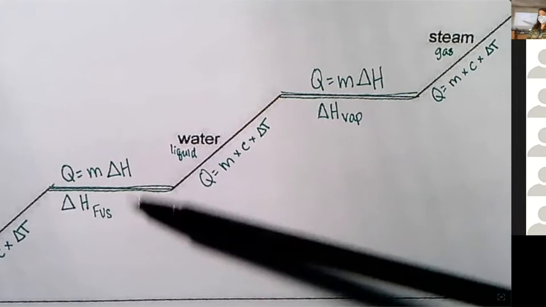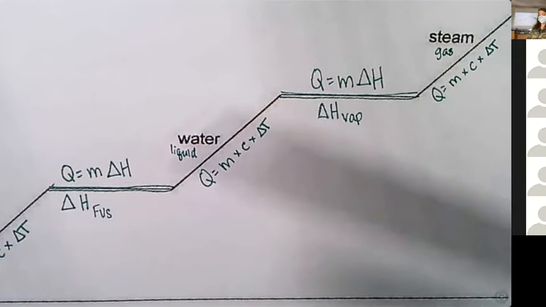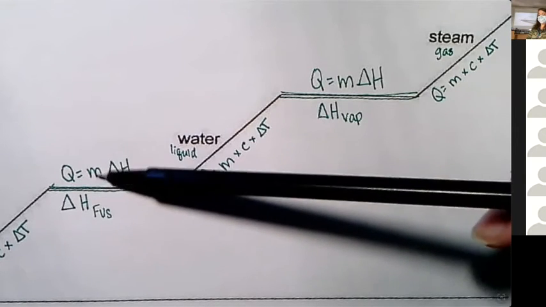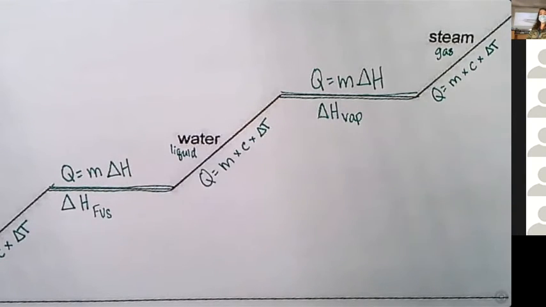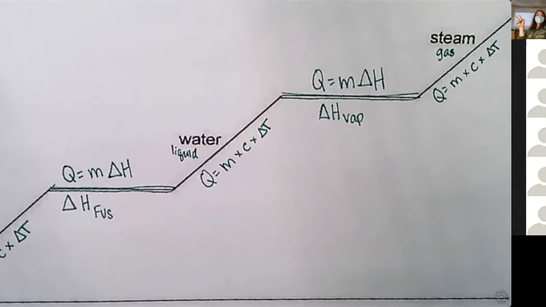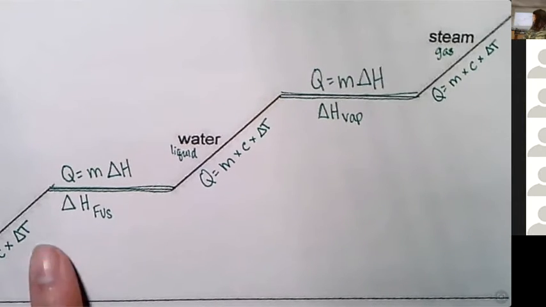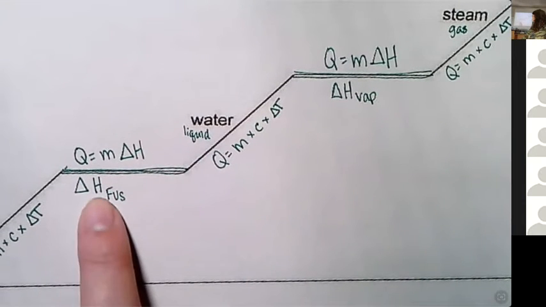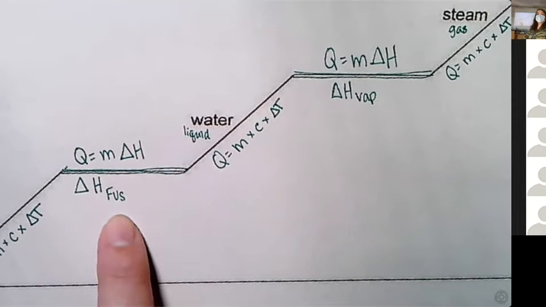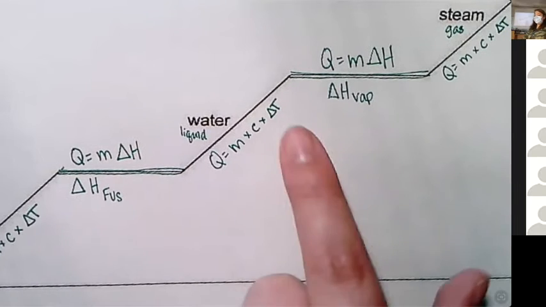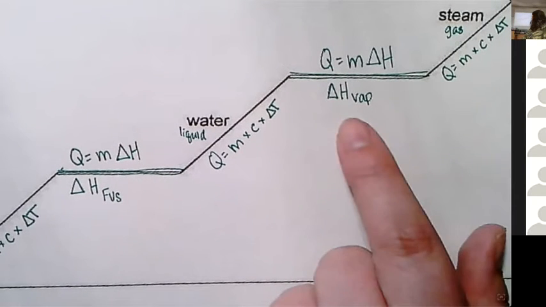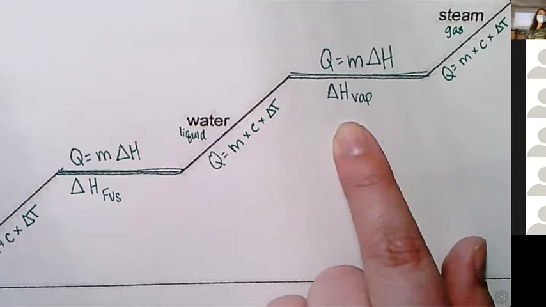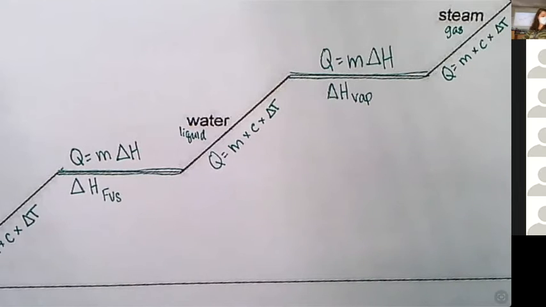Now, what we've got going on with our phase changes is Q equals M times delta H. There are 2 different types of delta H. Delta H is the change in heat. But when we're going from a solid to a liquid, it's called the heat of fusion. And when we go from a liquid to a gas, we call that the heat of vaporization. And we're about to write some of that down here.